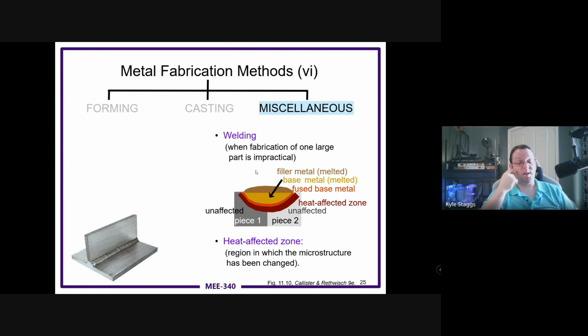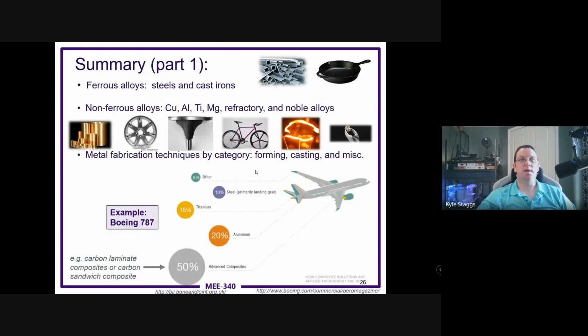So you do have something that is strong when joined, but it creates a new kind of weak point. And that's why a lot of times cracks happen at the weld region, because the microstructure has been changed and weakened in that area. So if you weld two heat treated things together, you have effectively unheat treated them and lost some of that strength that you would have had otherwise. So a lot of times those parts will have to be reheat treated for the final application.